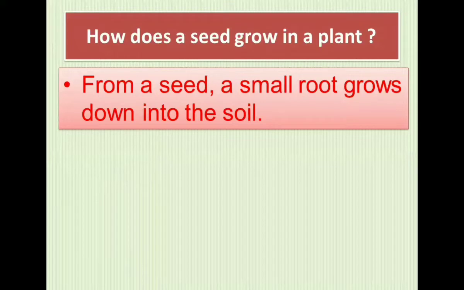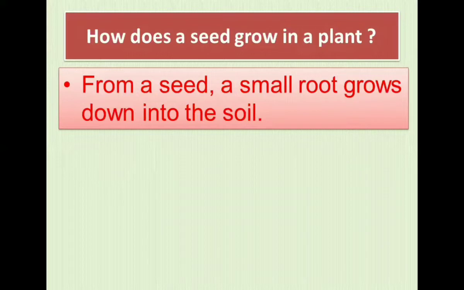How does a seed grow into a plant? Have you ever seen a seed growing into a plant? If not, let's see. From a seed, a small root grows down into the soil.